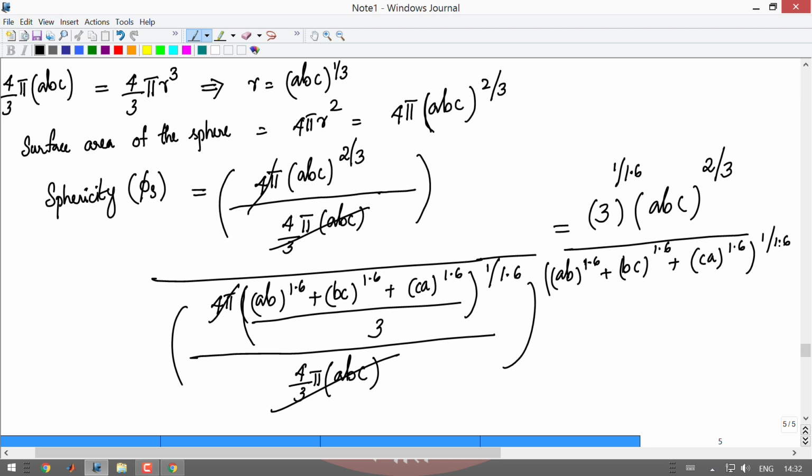So, this is the expression we have for calculating the sphericity of an ellipsoid, and now we will just substitute those values.